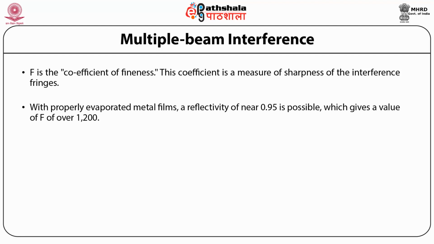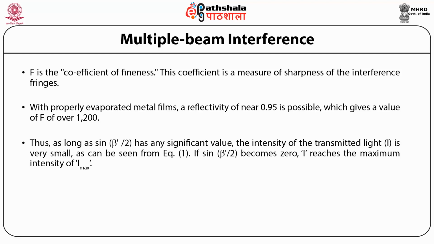With properly evaporated metal films, a reflectivity of near 0.95 is possible, which gives a value of F of over 1200. Thus, as long as sine beta prime by 2 has any significant value, the intensity of the transmitted light I is very small.